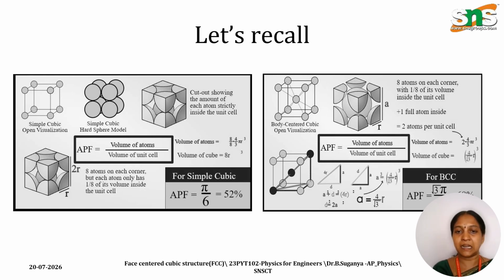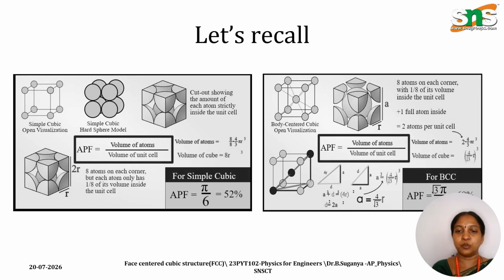BCC has 8 corner atoms and one body center atom, and its APF, that is atomic packing factor, is also discussed. The formula for finding APF is volume of atoms per volume of the unit cell.